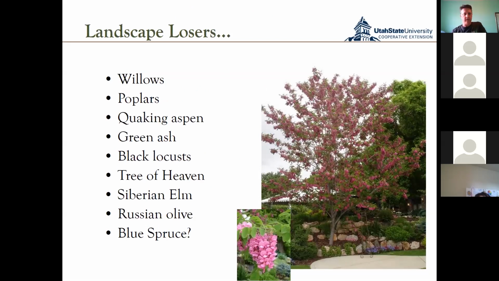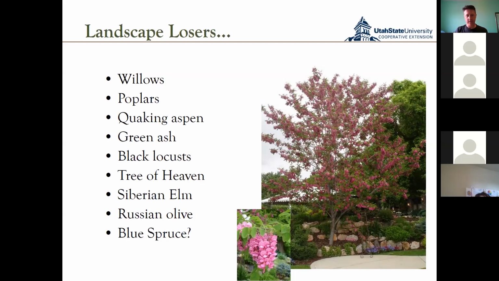All right, so this is just a list of what I think are typical landscape losers, or ones that I would seriously consider planting other options in place of. Overall, the willows, the poplars, the quaking aspens, the green ash, black locust, tree of heaven, which I think was named as a joke, Siberian elm, Russian olive, and then blue spruce with a question mark.